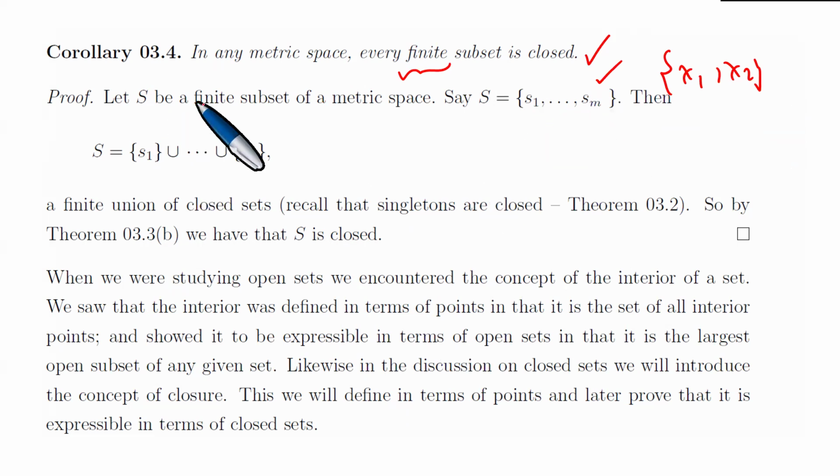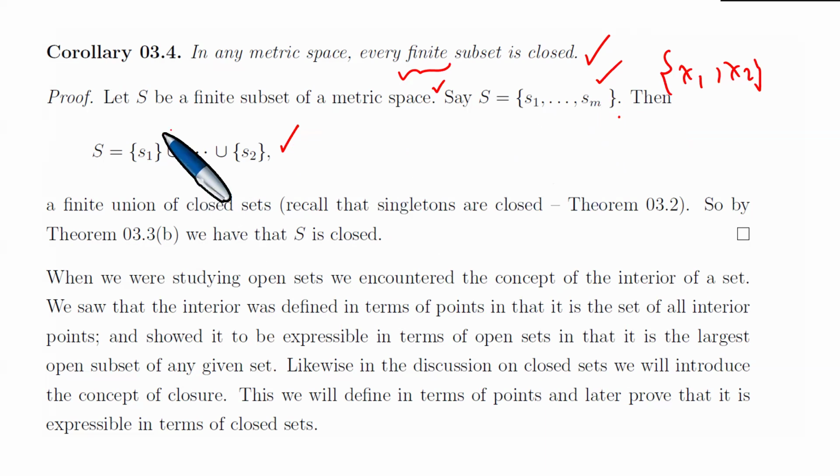Okay, let S be a finite subset of a metric space. This is the proof. Since S is finite, we can write S as containing S1, S2, S3, up to Sm. This is powerful because S has these finitely many elements.